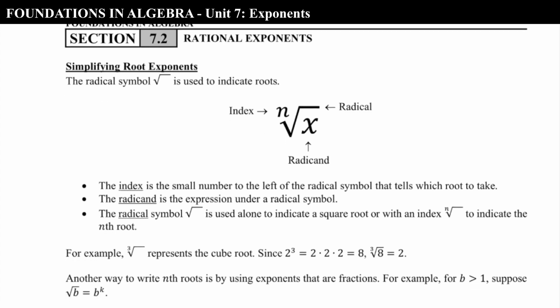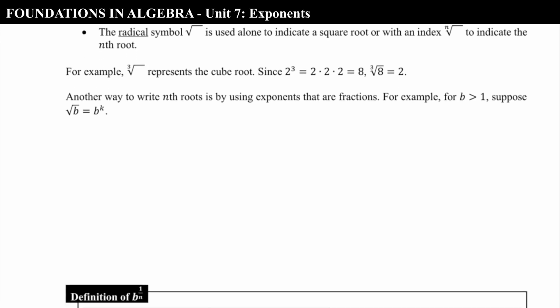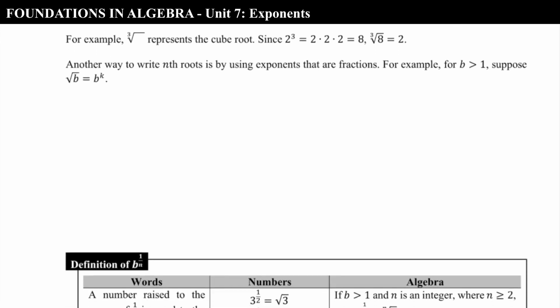So another way to write nth roots is by using exponents that are fractions. For example, for b greater than 1, let's suppose that the square root of b is equal to b to the k. Well, if I square both sides, then the square root of b squared just gives me b to the first power.